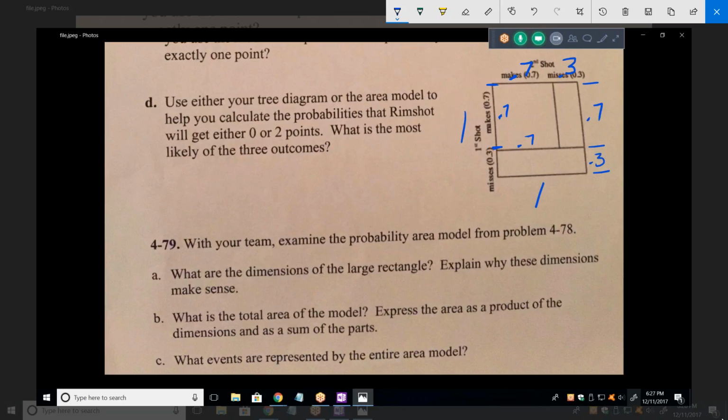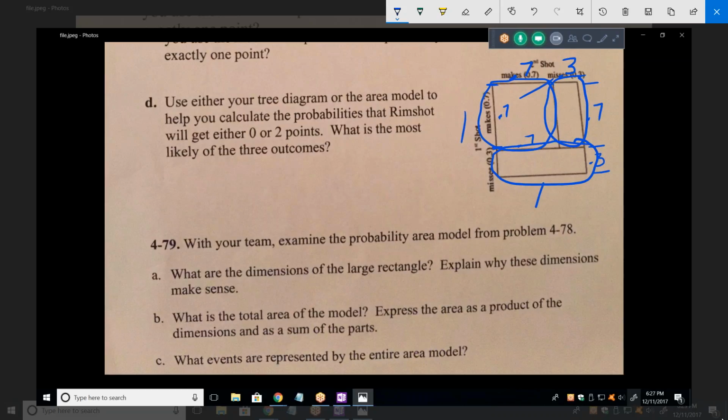So now I have the dimensions of every rectangle or square, right? I can figure out the odds of that, and that, and that. And those three odds have to add to 1. And they do. What are the dimensions of the large rectangle? 0.7 by 0.7? 0.49. Well, assuming they mean that's the large rectangle.